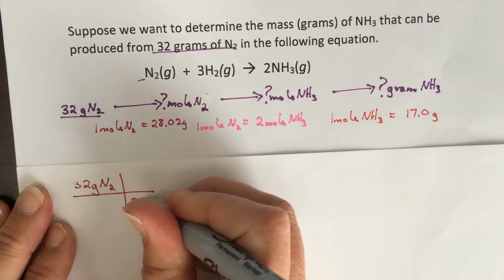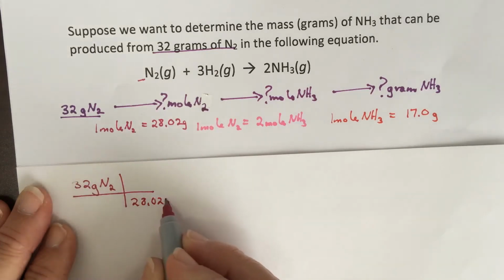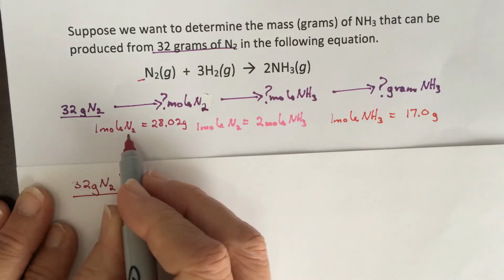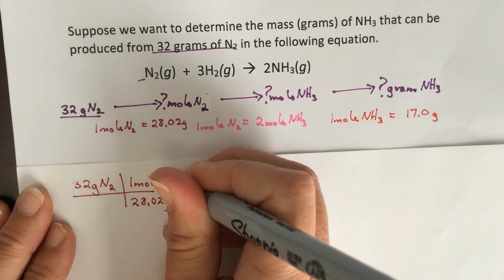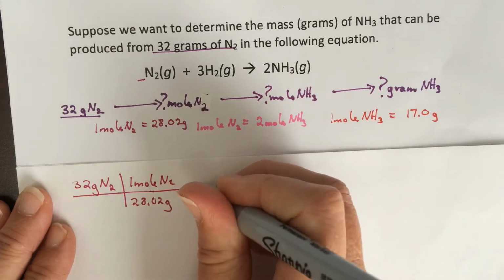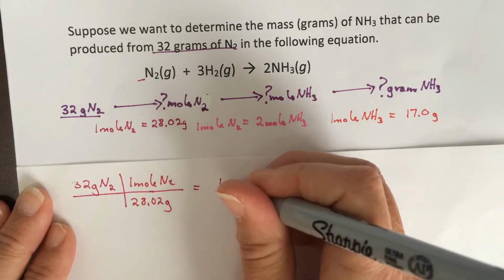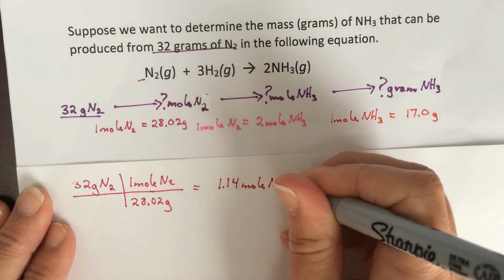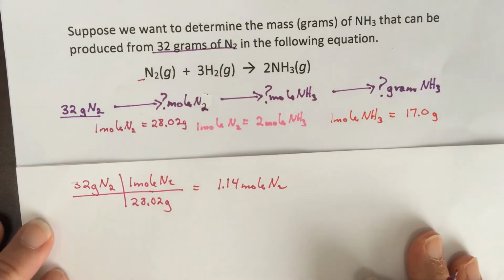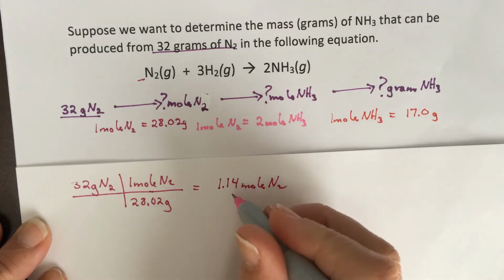I'm going to put the 28.02 grams in the bottom, so we'll have grams over grams. That'll make them go away, and we'll put the 1 mole of nitrogen in the top. So we do the math here. We end up with 1.14 moles of nitrogen.